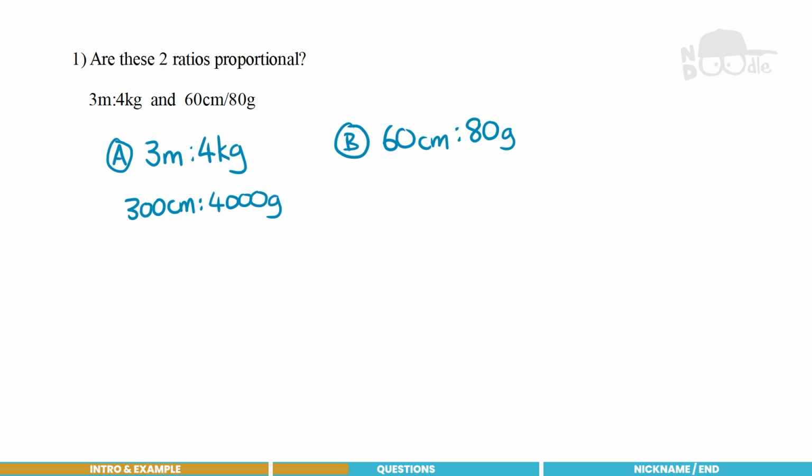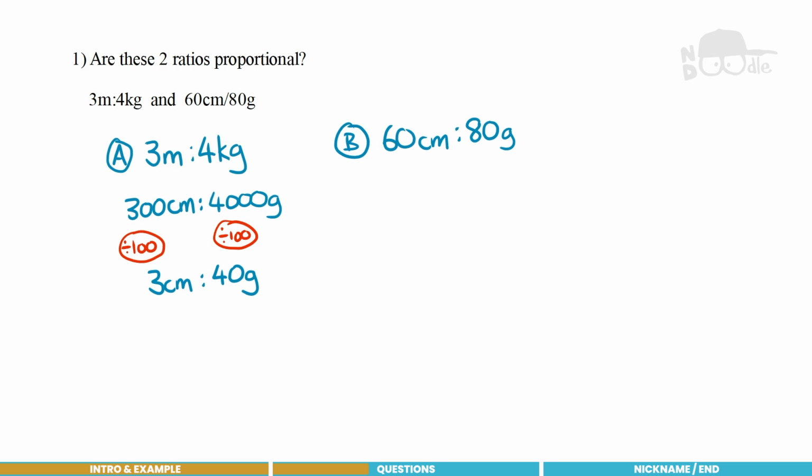We now need to check whether the ratios are equivalent. A safe method is to simplify the ratios. If the ratios are proportional, their simplified versions will match, so let's do that. We can easily see that ratio A divides by 100, leaving 3 centimeters to 40 grams as its simplified version.